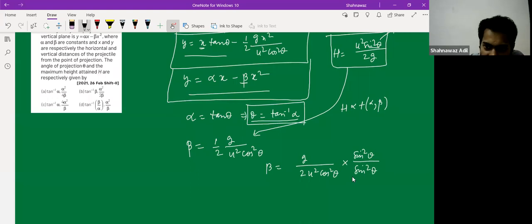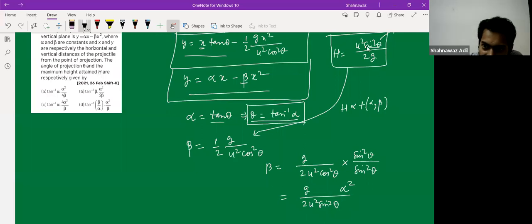Okay. Right. Yes, sir. Okay. So this will be sine square theta by cos square theta, which is tan square theta, alpha square, right? So this is alpha square.